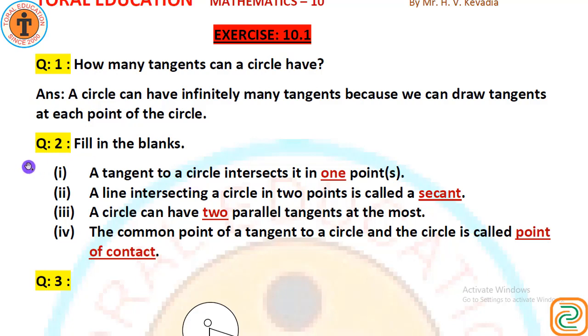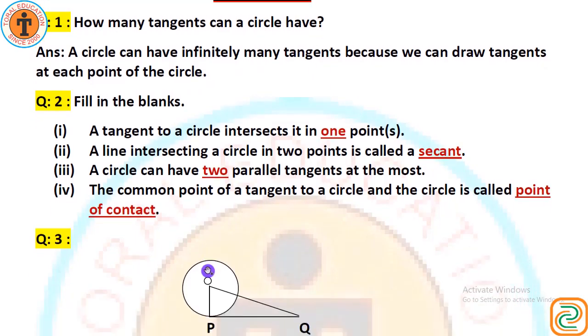A circle can have infinitely many tangents because we can draw a tangent at each point of a circle. Look at this circle: PQ is the tangent from P. If there are other points on this circle, we can draw infinitely many tangents.